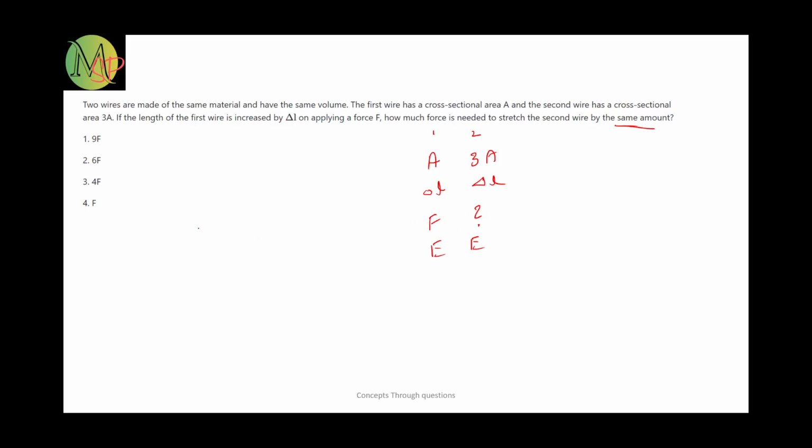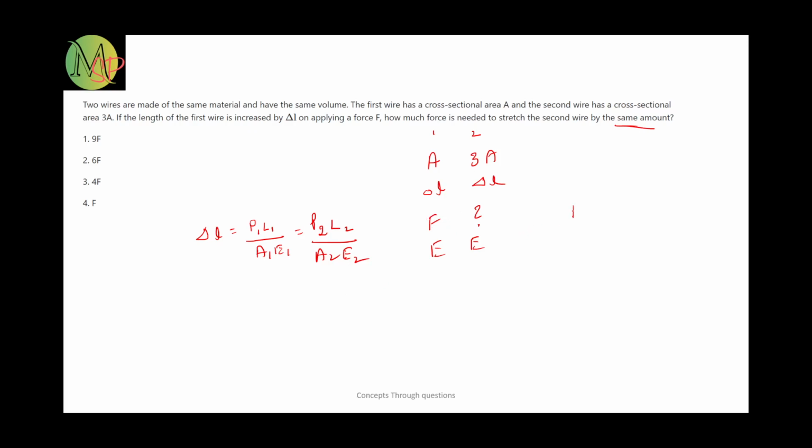So just you can write down the equation. The delta L formula is PL divided by AE: P1 L1 divided by A1 E1 equals P2 L2 divided by A2 E2. The volume of the material is the same.